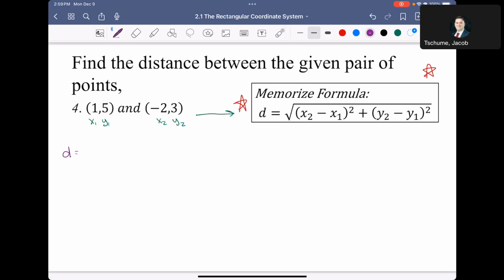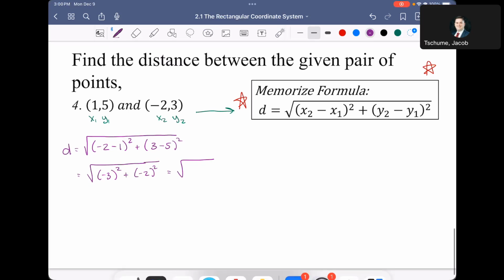So distance would come out to be the square root of x2, which is -2, minus x1, which is 1, and we'll square that, plus our y2 value, which is 3, minus our y1, which is 5, squared. Simplifying what I can, -2 minus 1 will make this a -3 squared, and then 3 minus 5 makes that a -2 squared.